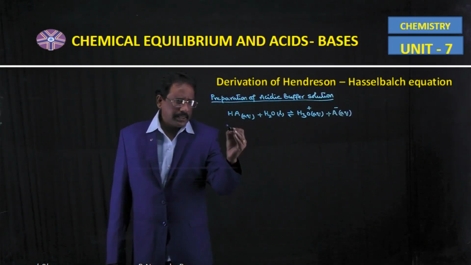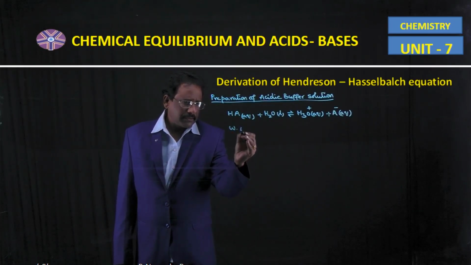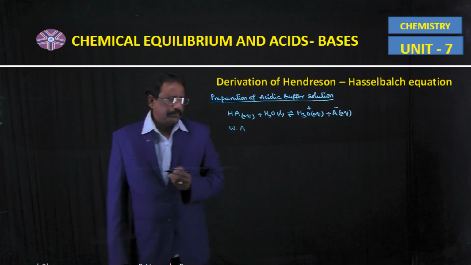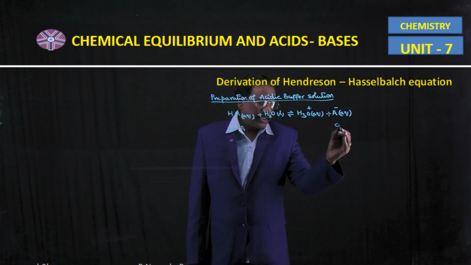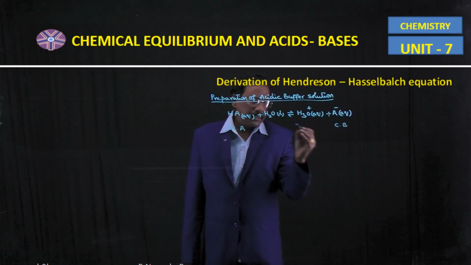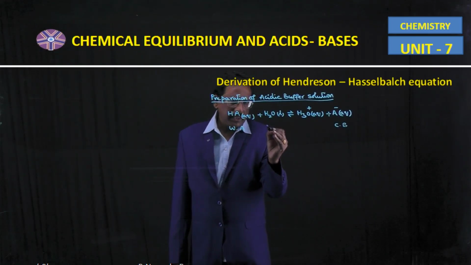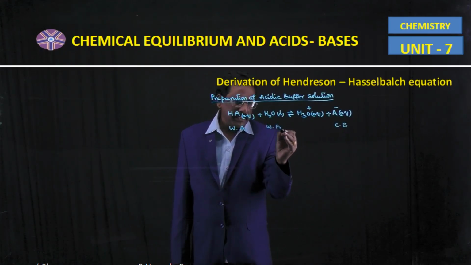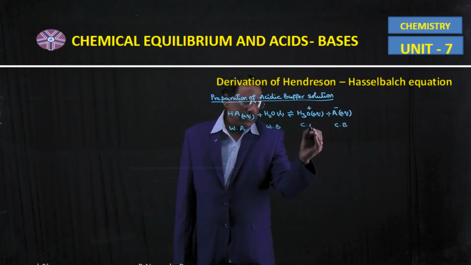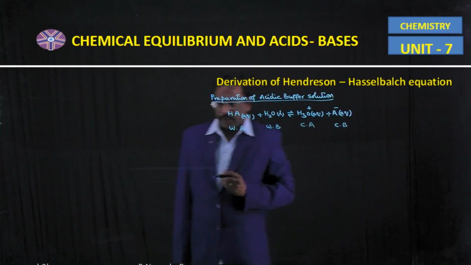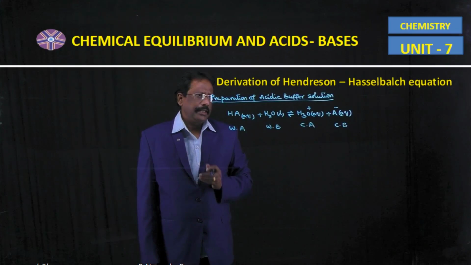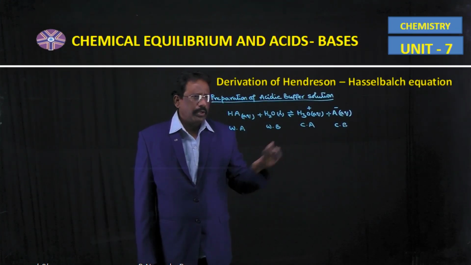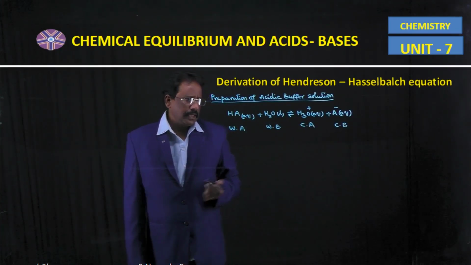This is weak acid. Now this is conjugate base. So this is weak base and this is conjugate acid according to Bronsted-Lowry acid base theory.